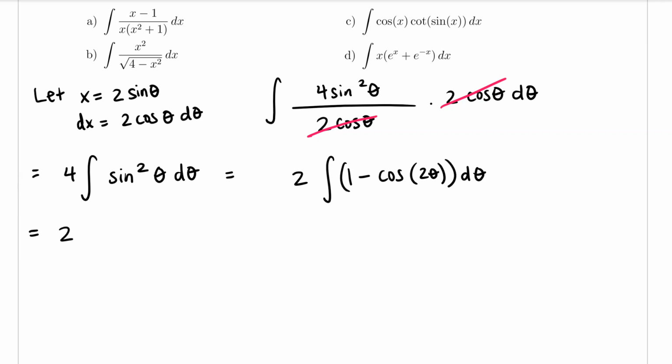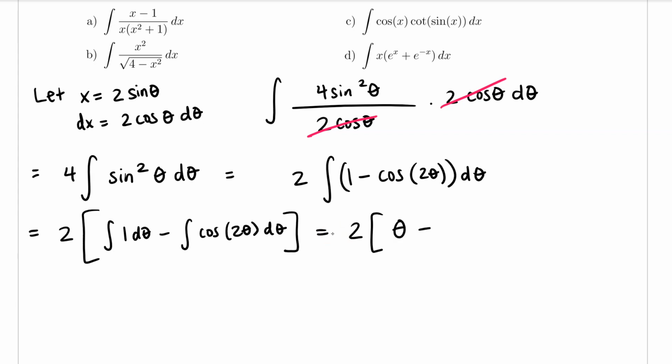So we'll have 2 times the integral of 1 d theta minus the integral of cosine of 2 theta d theta. And if we integrate, we'll have 2 times theta minus 1/2 sine of 2 theta plus our constant of integration.